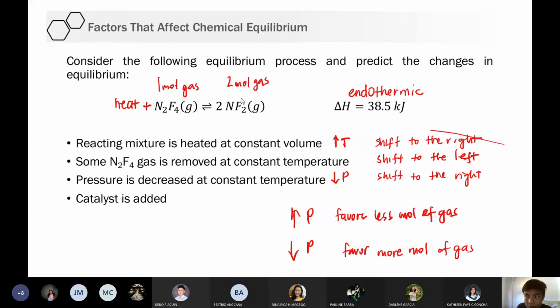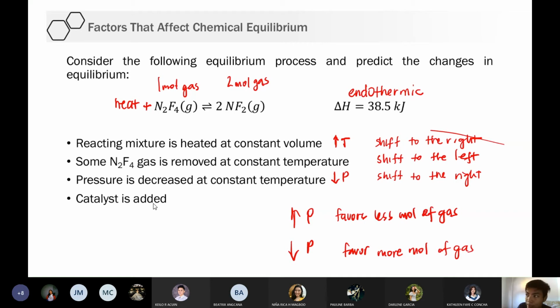If the number of moles of your reactants and the products are the same, then pressure will not affect the equilibrium system. It will not shift the system to the left or to the right. Only if they are different can we shift the system to the left or to the right, depending on which side has the more moles of gases or the less mole of gases.